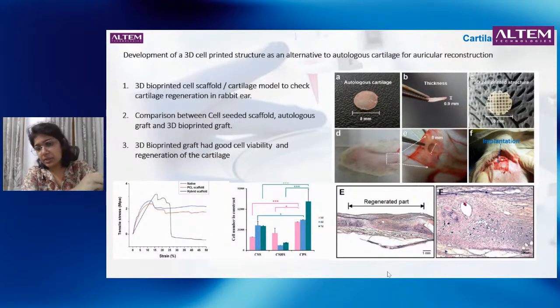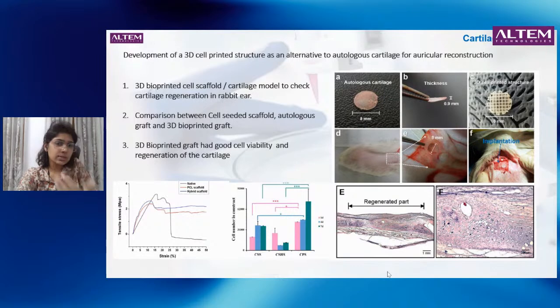So this is an example of going from an in vitro to an in vivo model, where they have tried to take tests of autologous cartilage, 3D bioprinted cartilage, and also scaffolds with cells seeded in it.